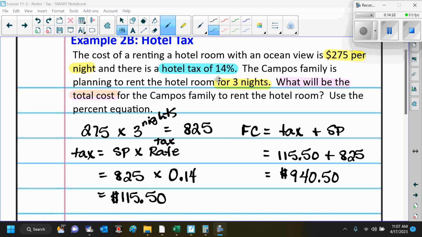So we're going to change that percent to a decimal. So you have to multiply 825 times 0.14, and we got $115.50. That was the tax, $115.50. So then to get the final cost, we're going to add that tax to the sale price, which gives us $940.50.